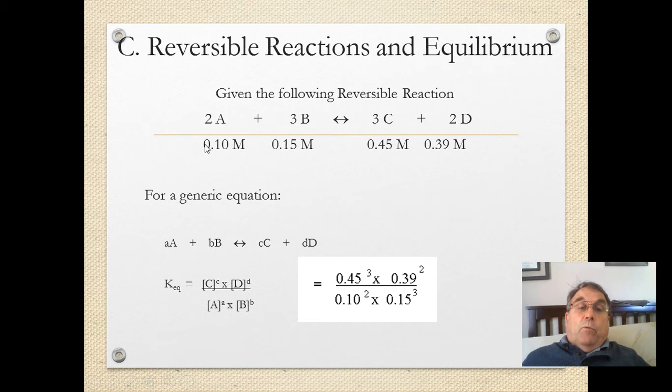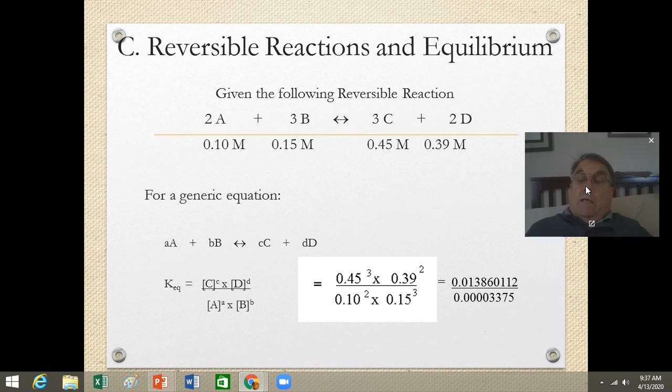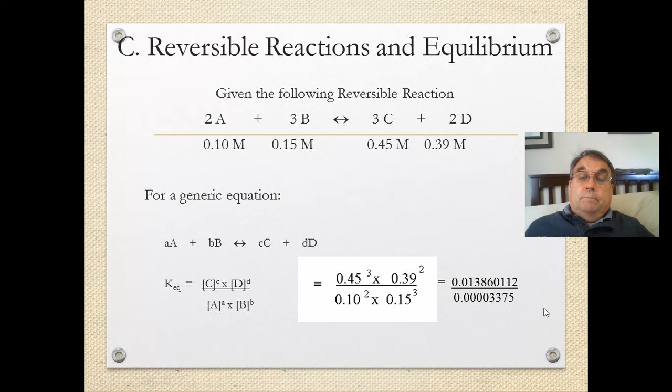Then you take 0.1 squared times 0.15 cubed. And again, order of operations, 0.1 squared, 0.15 cubed, and then you multiply them. So you get those two numbers, and then you divide them, and you get 411.